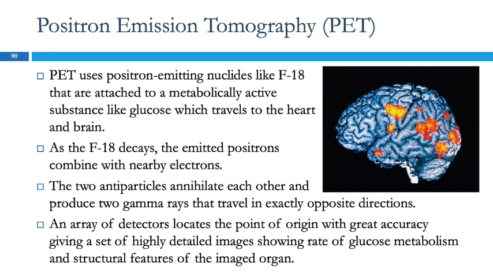When a positron and an electron meet, they annihilate each other, and they send out two gamma rays in completely opposite directions. And so if you're monitoring where these gamma rays are coming from, you can figure out where in the body that particle came from. So put a bunch of detectors, and they can find the origin. Very, very cool.